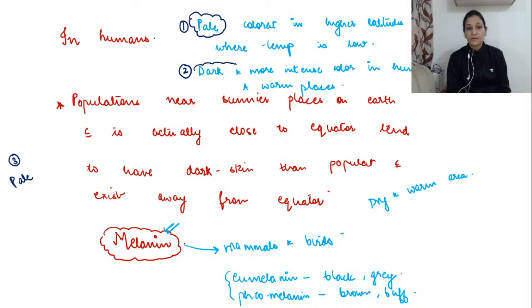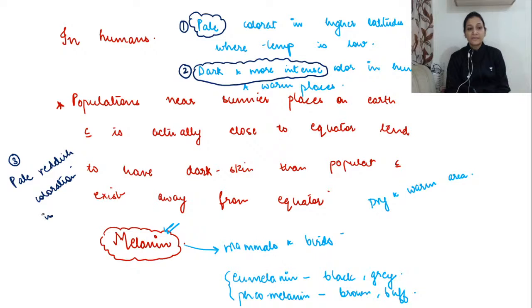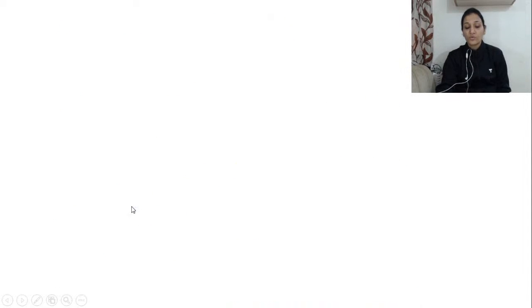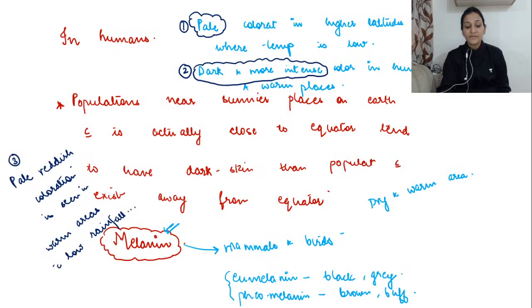Pale reddish coloration is seen in warm areas with low rainfall. So which animals follow Gloger's rule? Birds and mammals specifically follow Gloger's rule.